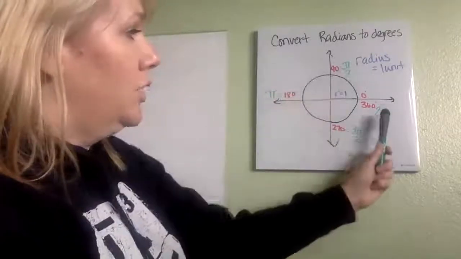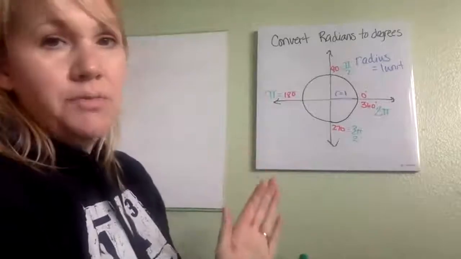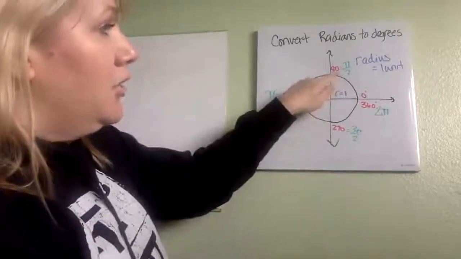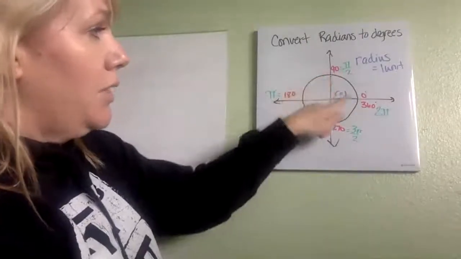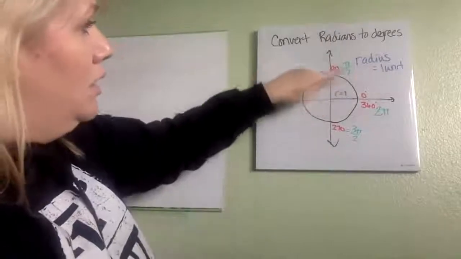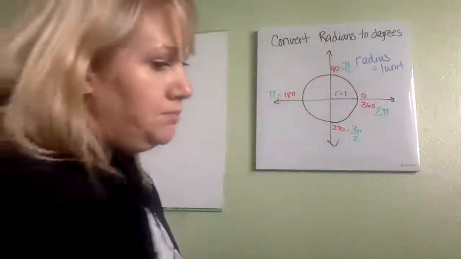So 1 full circle, the circumference of that circle, would be 2 pi. If we think in terms of that and say how much of the circle do we have, 90 degrees, which would be just this corner right here, is pi over 2. A half circle is 180 degrees, and so on.